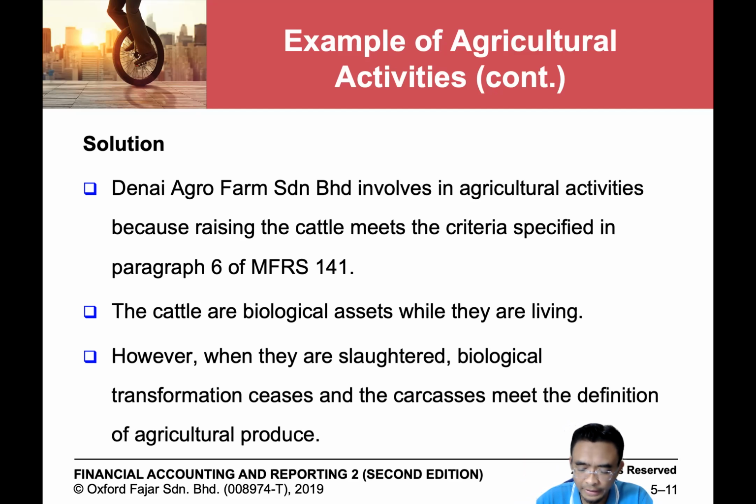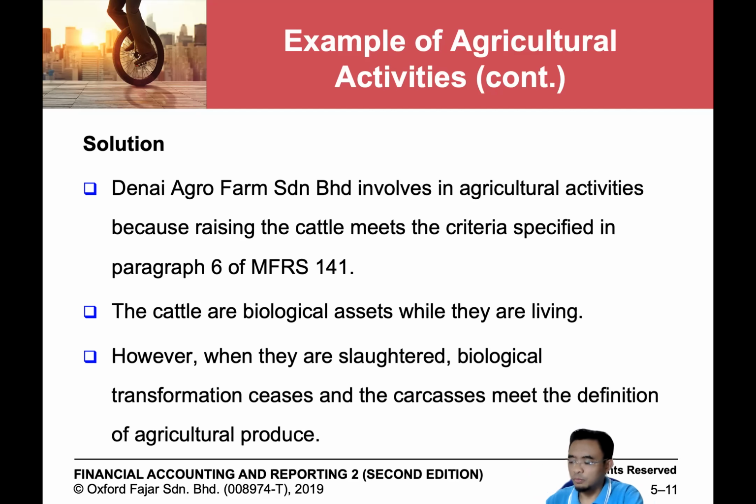Like sugar cane, the cane itself is being harvested. Oil palm, the palm fruit is its agricultural produce. The rubber trees, the latex that we have harvested from the rubber trees is an agricultural produce.